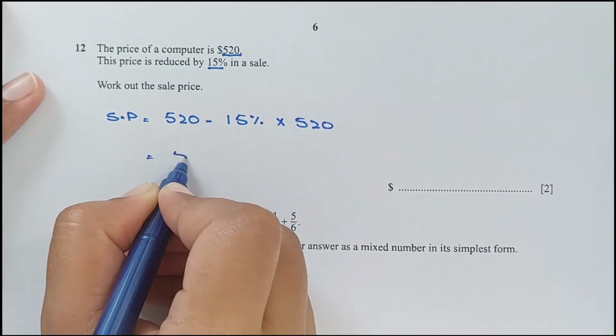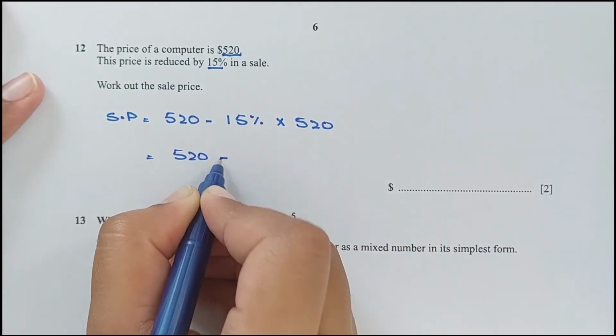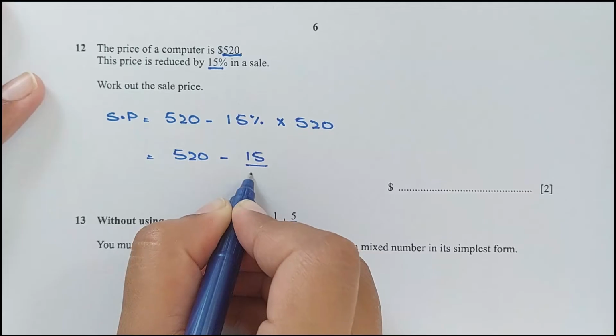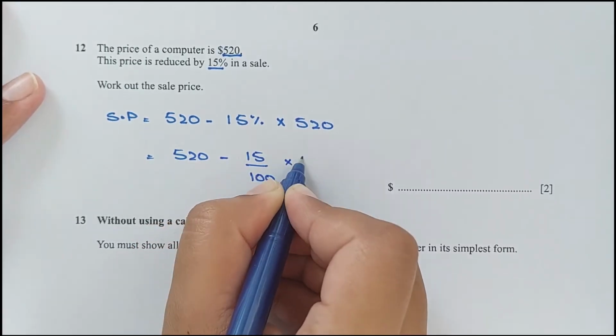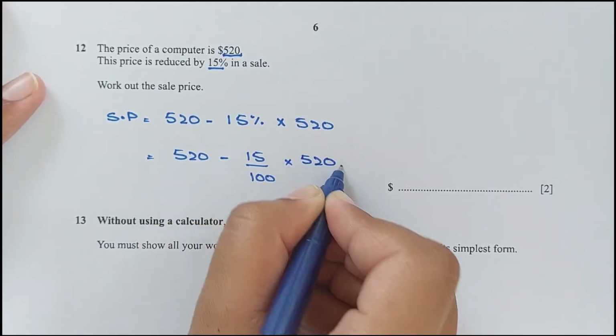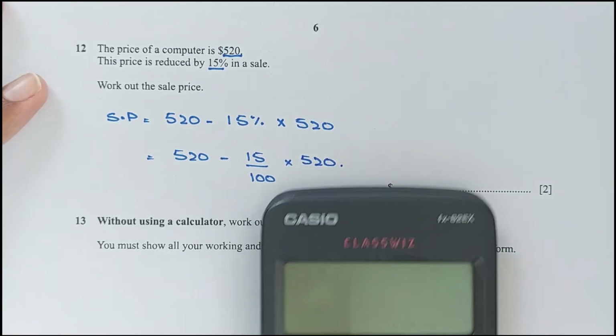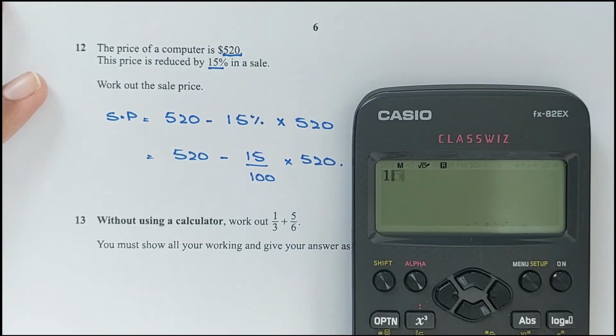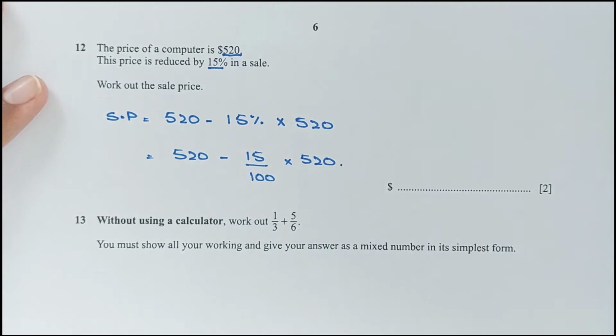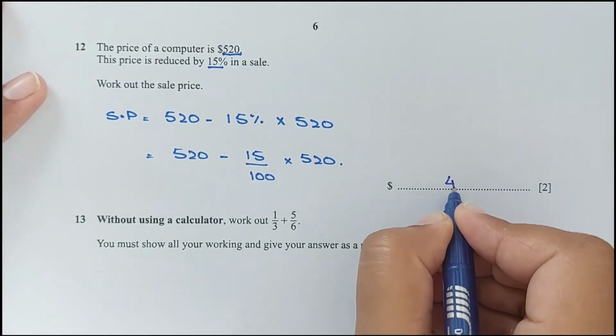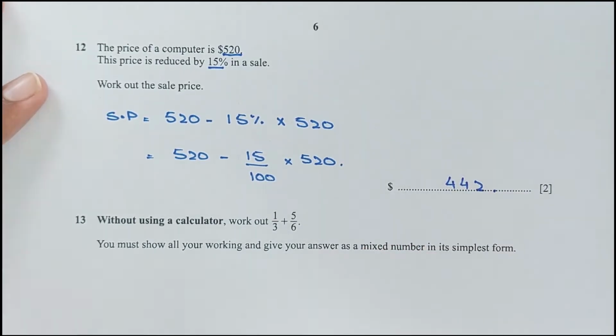So 520 minus 15 over 100 times 520. Let's calculate this. 15 divided by 100 times 520, and 520 minus the answer, which is 442. $442 is the sale price after the 15% reduction.